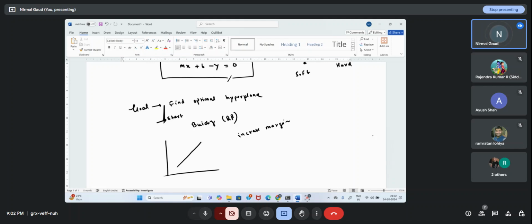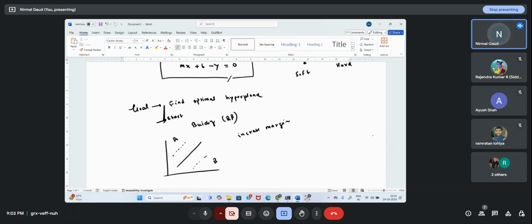That means if this is a decision boundary, it tries to increase the margin. The margin should have to be more. Therefore, class A and class B should clearly look separated.